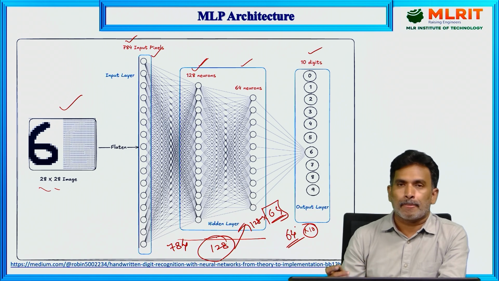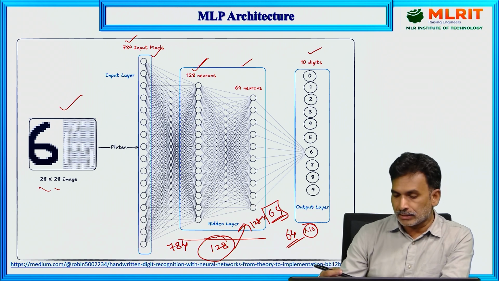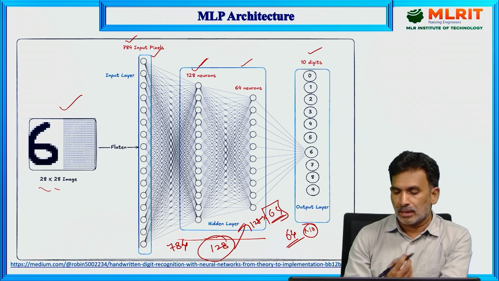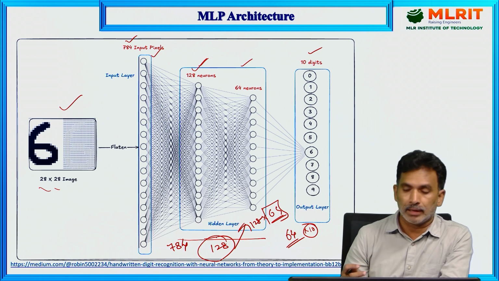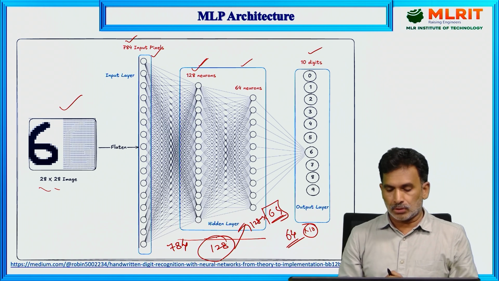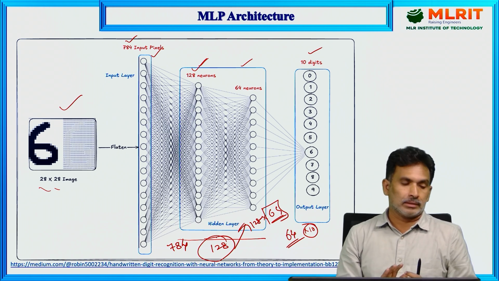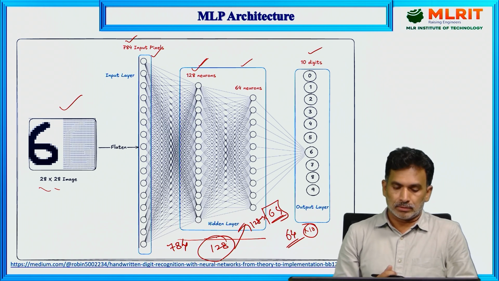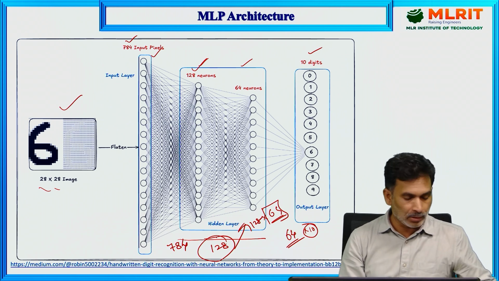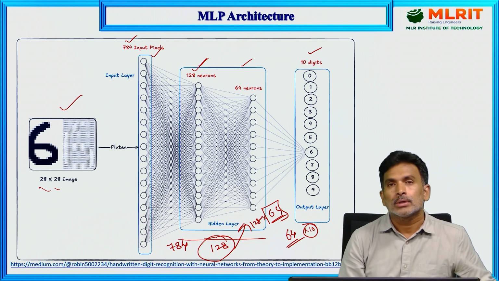Then we classify whether the given digit is 0, 1, 2 or anything between 0 and 9. This is the architecture to classify the given handwritten digit.